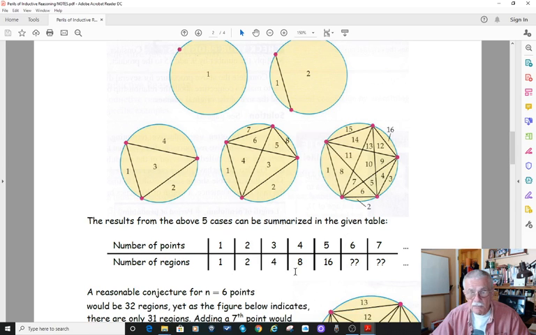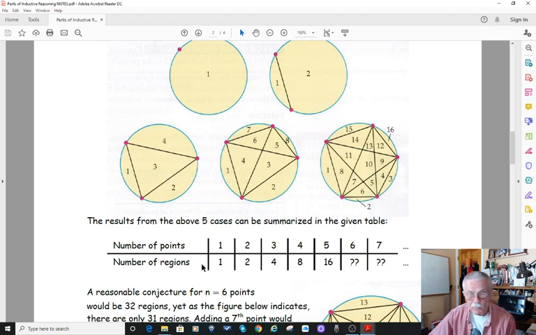So at this point, you're probably looking at this and saying, well, gee, 1, 2, 4, 8, 16. If you keep a chart here of the number of points and number of regions, I'm taking points on the circumference of a circle, right? 1 point, 2 points, 3 points, 4 points, 5 points, and I draw all the possible chords, right?